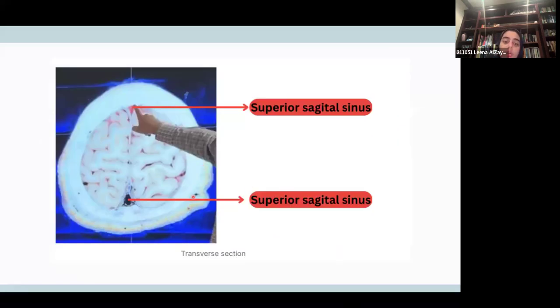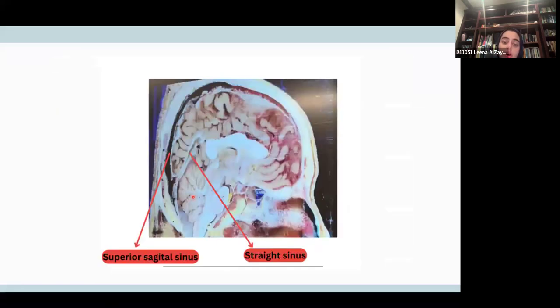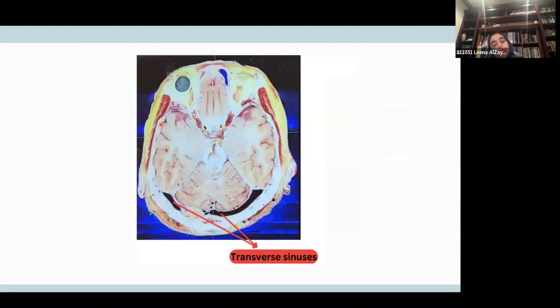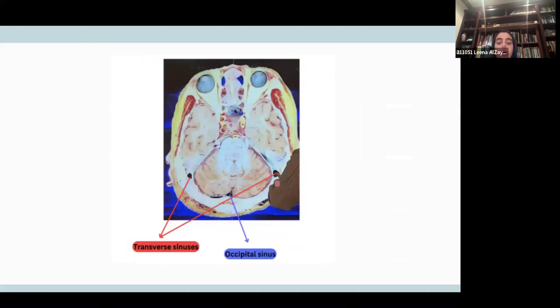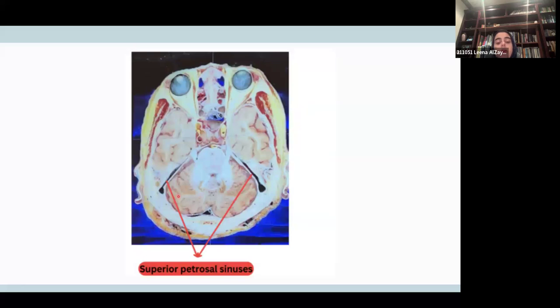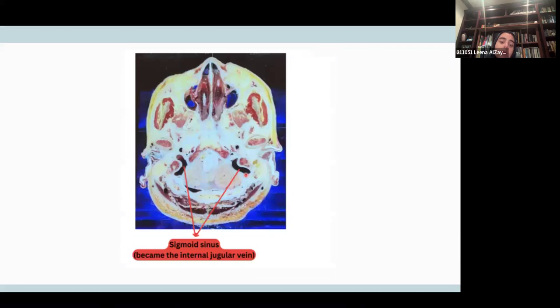We saw this picture a lot before. This is the straight sinus over here, and this is the superior sagittal sinus. This is the transverse sinus when we have 2 split parts. This is the transverse sinus again. This is the superior petrosal sinus when it's thin, and then it drains into the sigmoid sinus over here in the circle, which we already mentioned before as well.